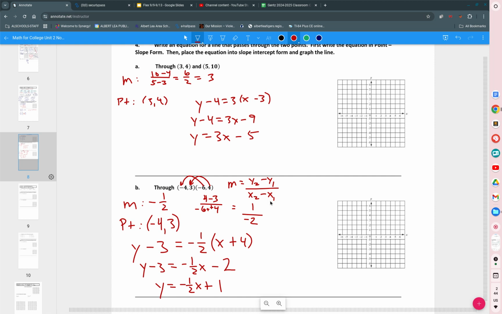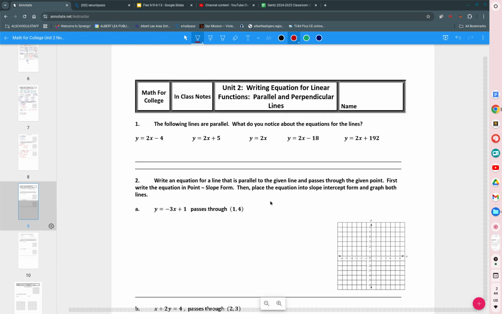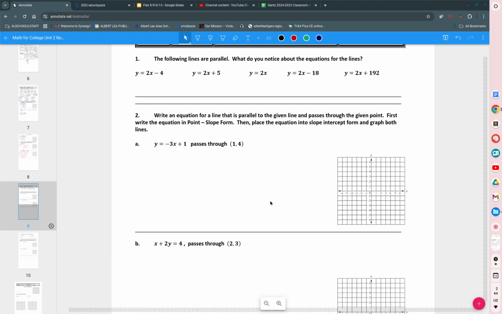Okay, take out your notes. Okay. All of these lines here are parallel.